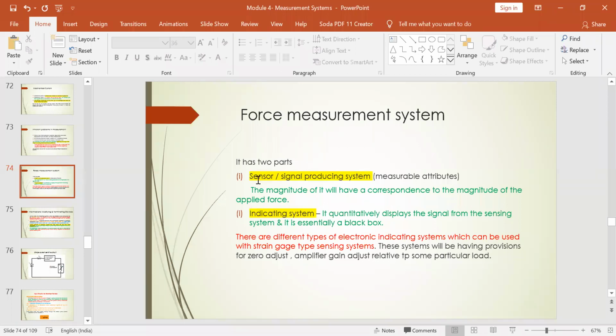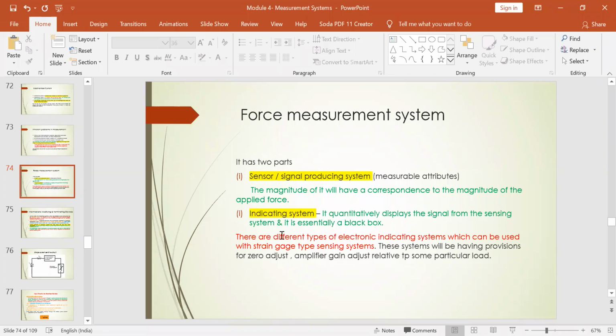You should understand there are three stages. One is the detector stage, in which the sensor plays a vital role, and the second is the indicating system, which is the intermediate stage which will amplify the received input, and it displays the received input signal irrespective of what input signal it has been taking. If this input signal has to be converted into an output, it has to be modified.